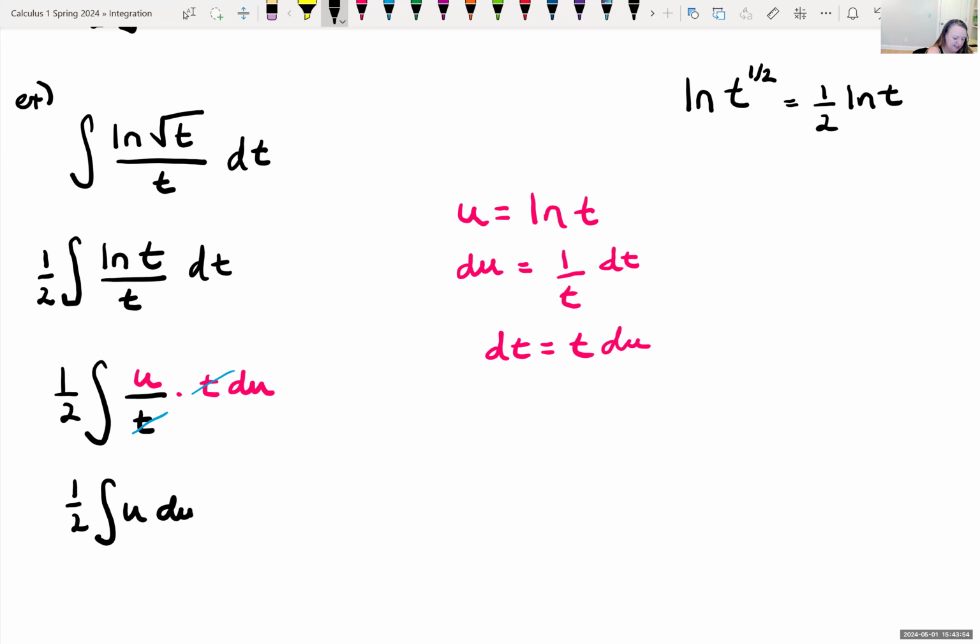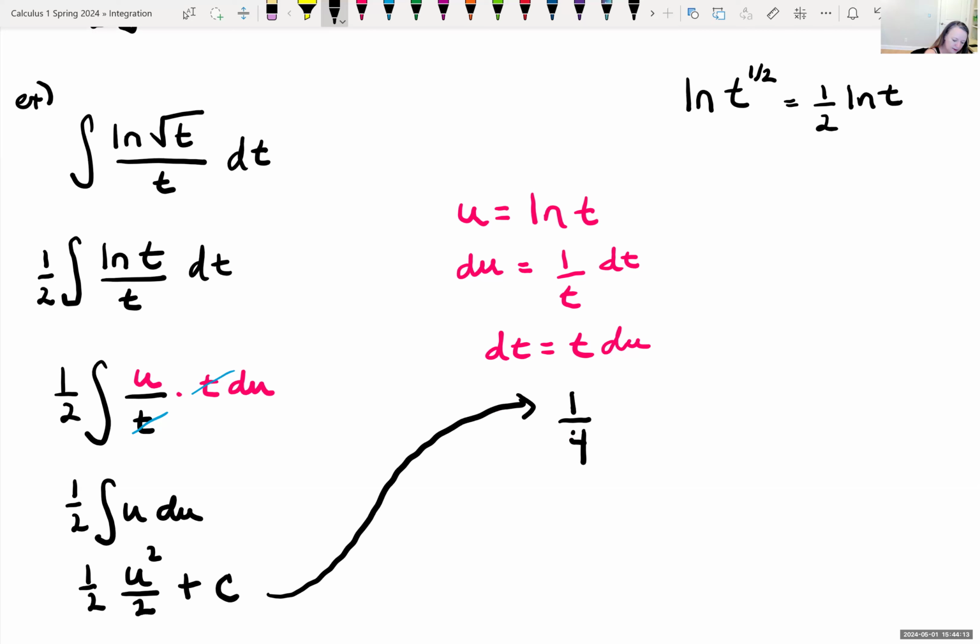And so finding the antiderivative of u, bringing down the 1/2, we would add 1 to our exponent, so u squared, divided by our new exponent 2, plus c. So this is the same thing as 1/4 u, though, we chose to be the natural log of t. This whole thing is squared, plus c.